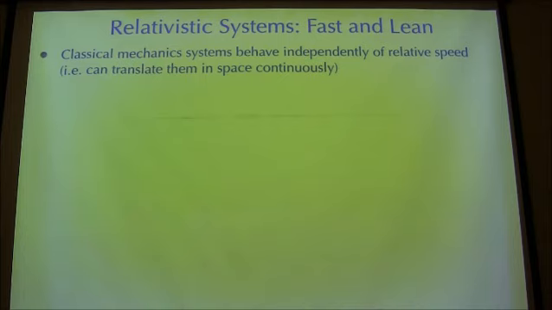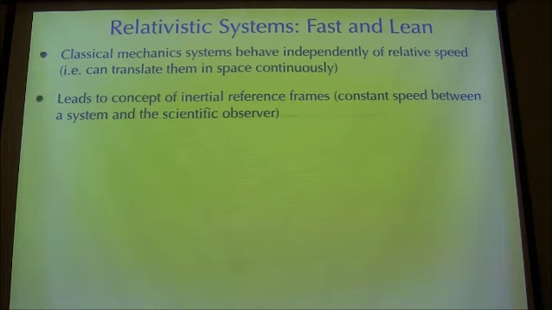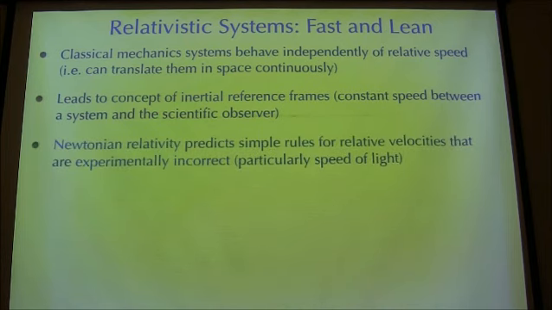So in other words, we can translate them in space continuously. This leads to the idea of inertial reference frames, where we have some sort of constant speed between a system and a scientific observer that's trying to infer the behavior of this system.